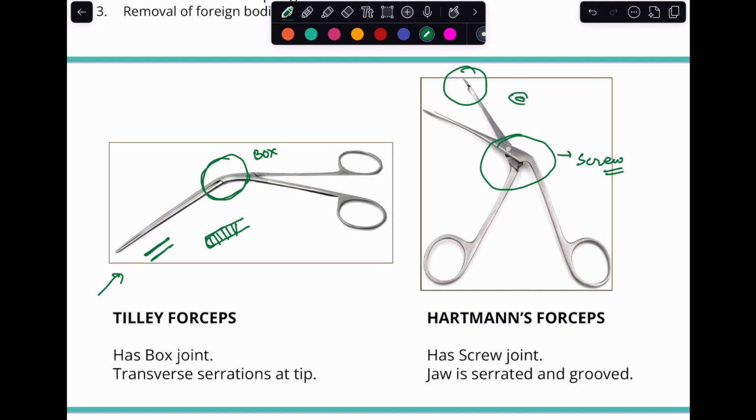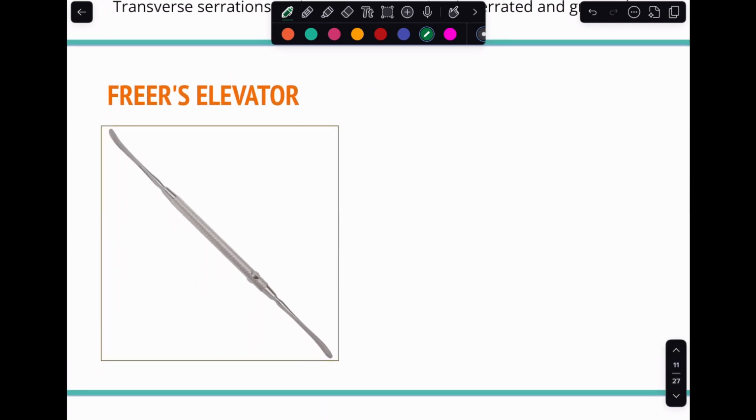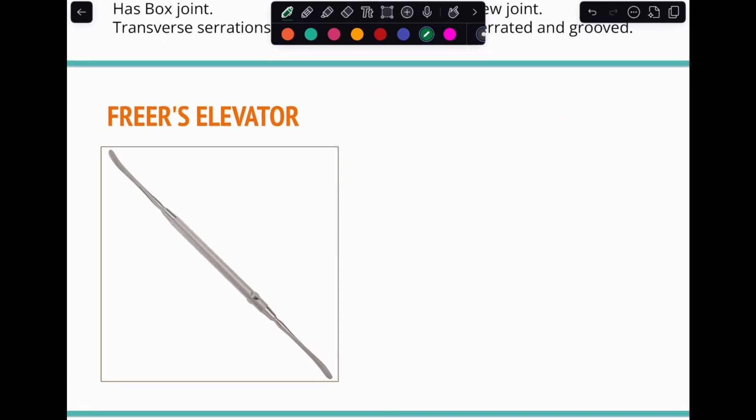So it is grooved like this and it is serrated. So these are the two differences between the Tilly's forceps and the Hartmann's forceps. So whenever you're given this in your exam, you should not get confused. It's very important to remember these two differences. Okay, next let's move on to our next instrument.